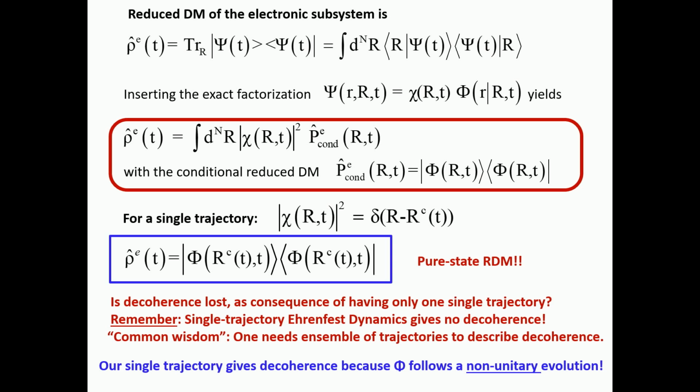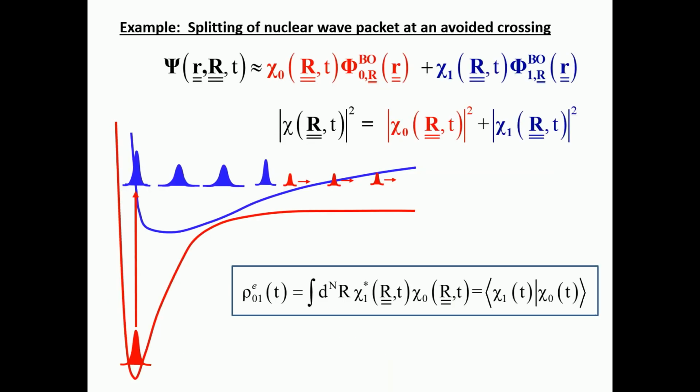Right? And it is this fact that ultimately, for this prototypical case, where you have a splitting of the nuclear wave packet with the two coefficients chi0 and chi1, one can easily prove, this is a well-known result, that the off-diagonal element of the reduced density matrix is this superposition.